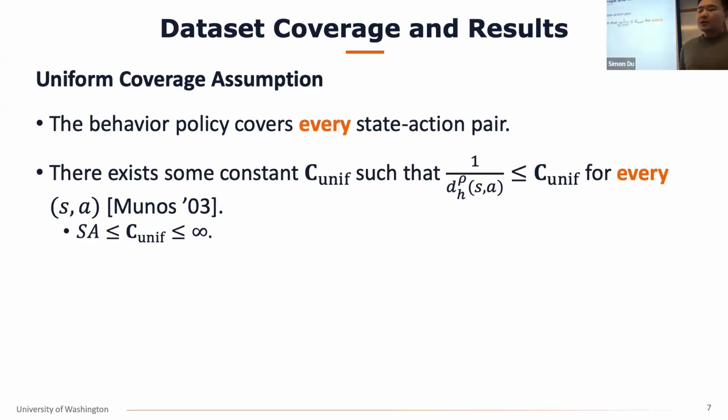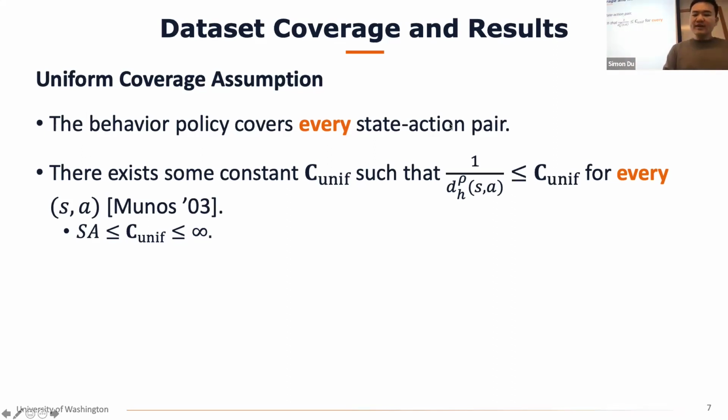In the literature, back in the day, one natural assumption is called the uniform coverage assumption, which says that the behavior policy, this data collection policy, covers every state action pair. So you have data from every state action pair.